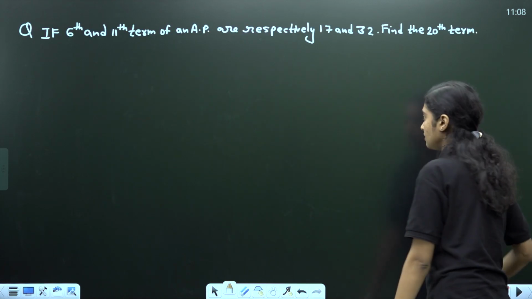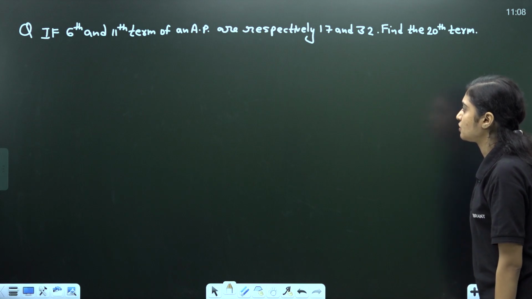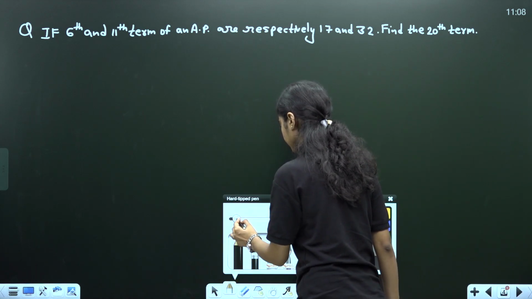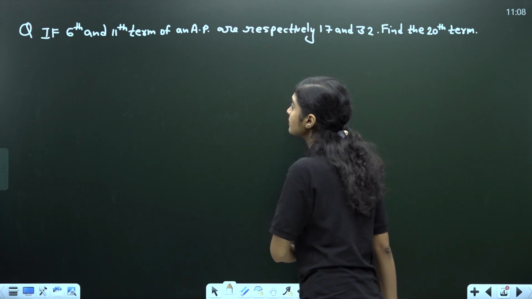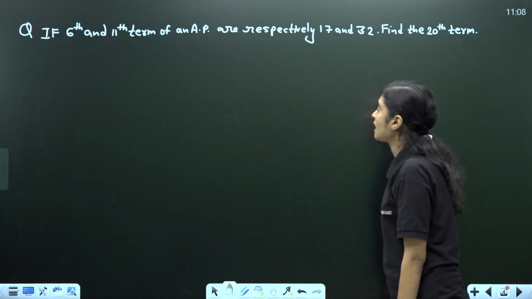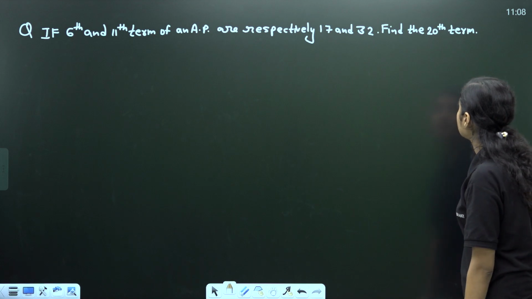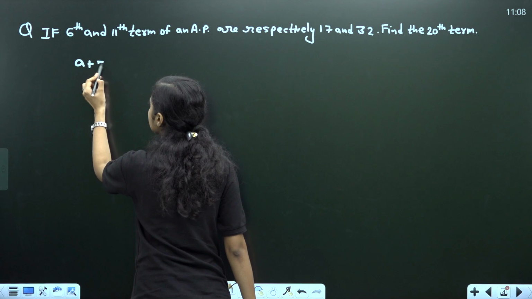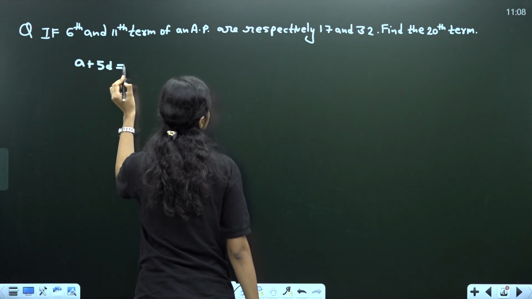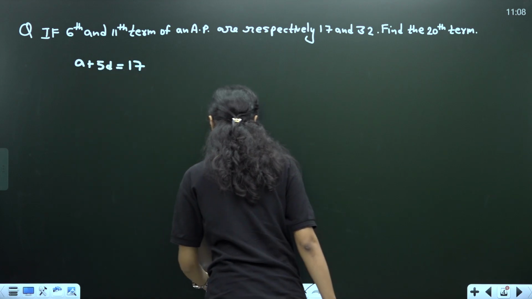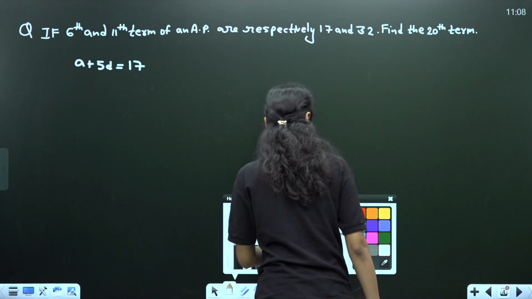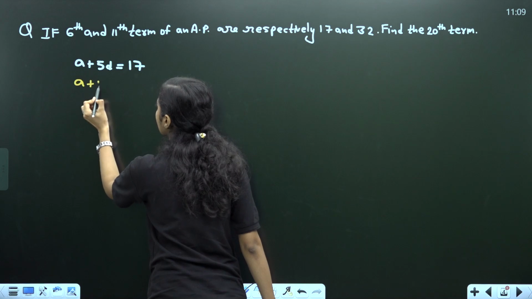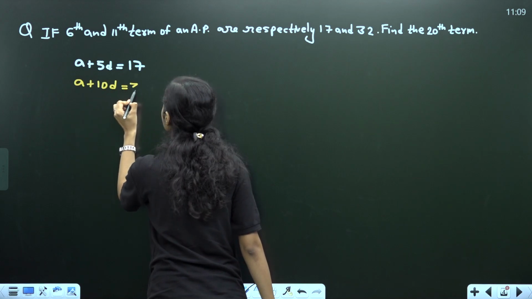Now we take some examples to understand the concept. If the 6th and 11th terms of an AP are respectively 17 and 32, find the 20th term. The 6th term is A plus 5D equals 17 and the 11th term is A plus 10D equals 32.